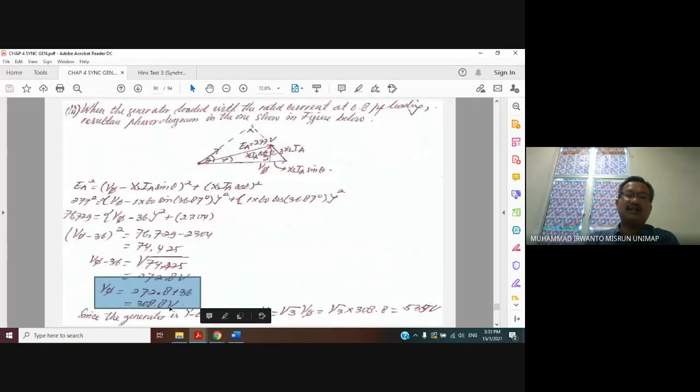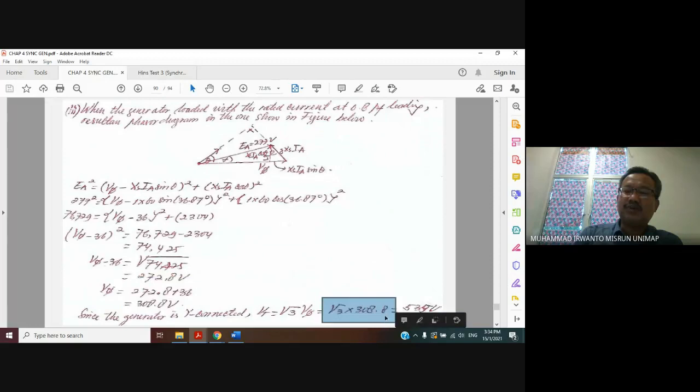It is around 308.8 volt. Then the terminal voltage should be multiplied by root 3. So root 3 multiplied by 308.8 equals, let me check again, 535 volt.